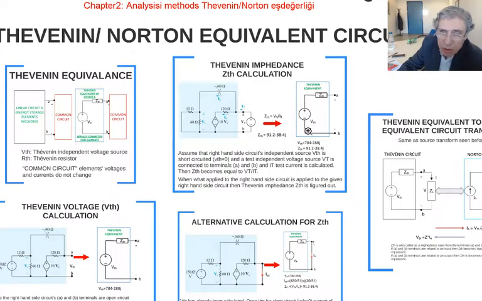That means deactivation of the independent source. This voltage is 0. If I apply between the terminals A and B a test independent voltage source, let's say VT, since this voltage is 0, this ZTH voltage is going to be equal to that VT.